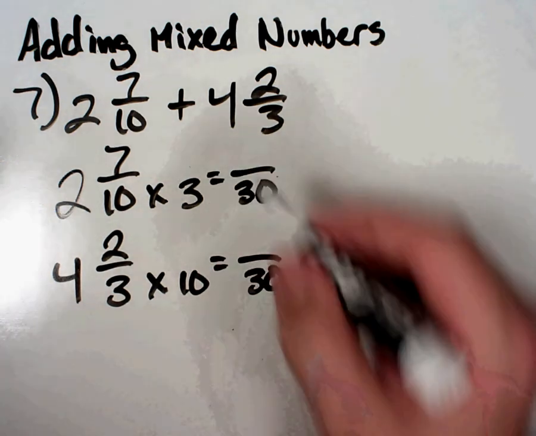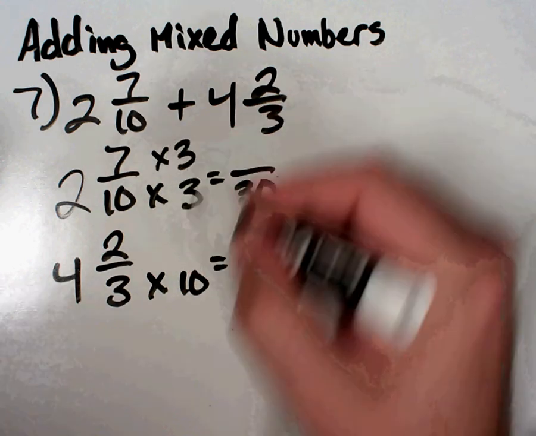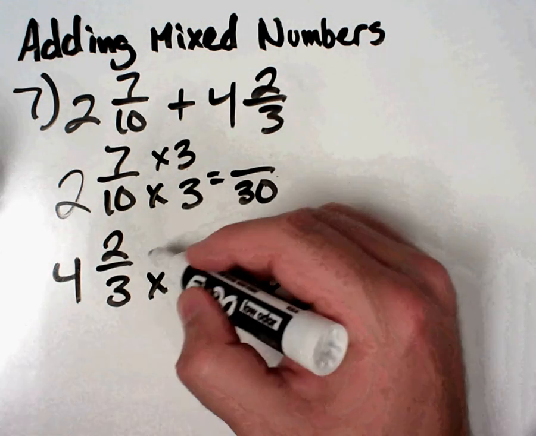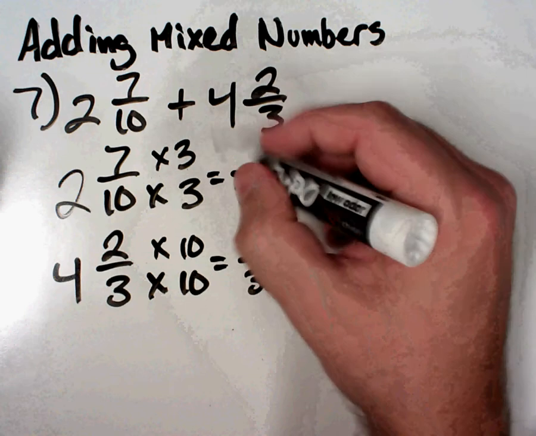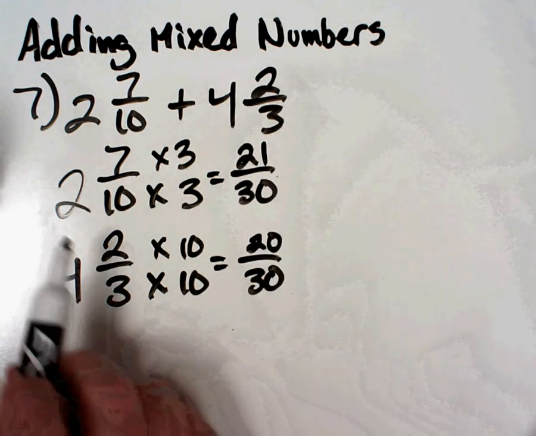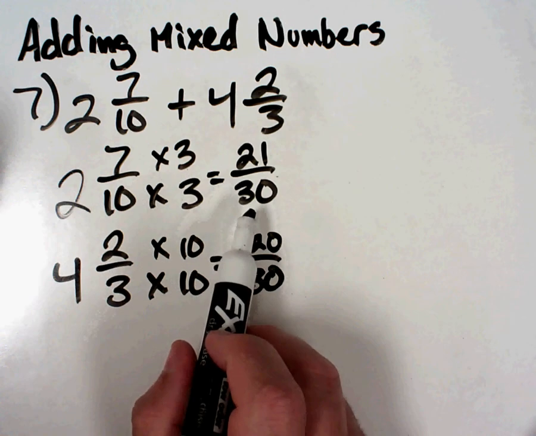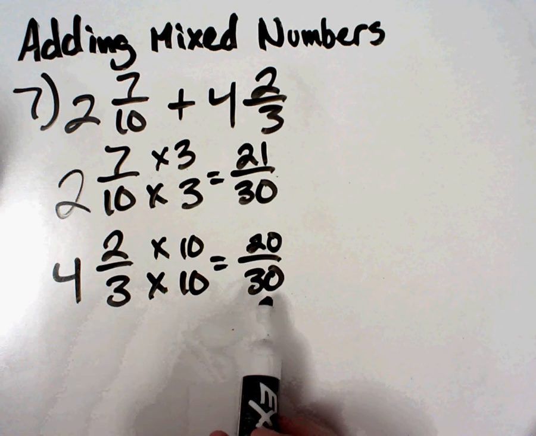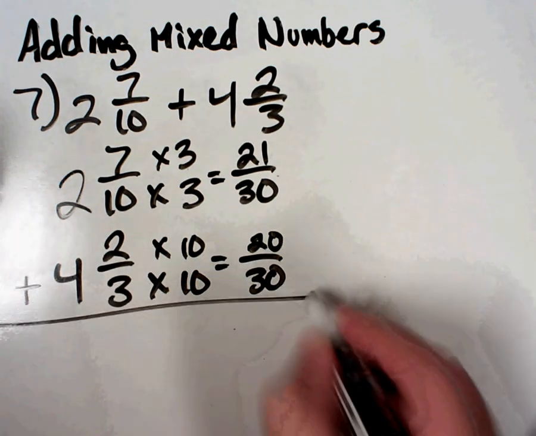Whatever I do to the denominator, I must also do to the numerator. So I'm going to end up with 2 and 21/30 plus 4 and 20/30.